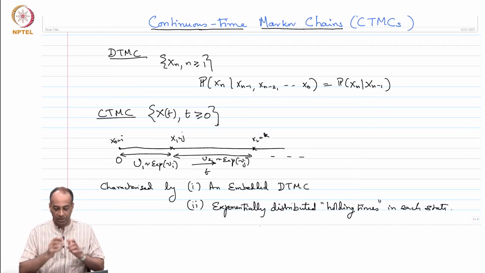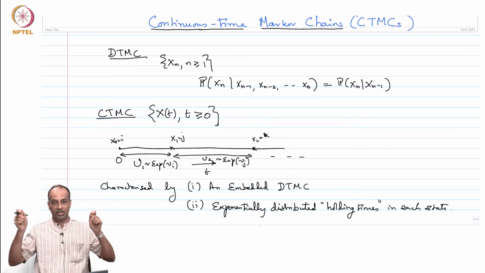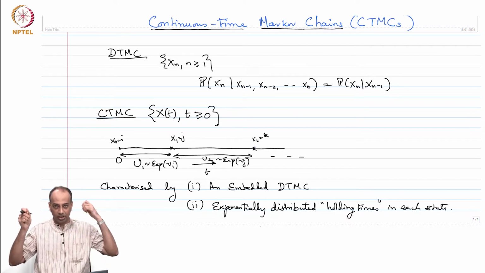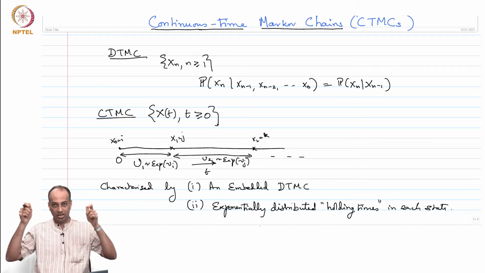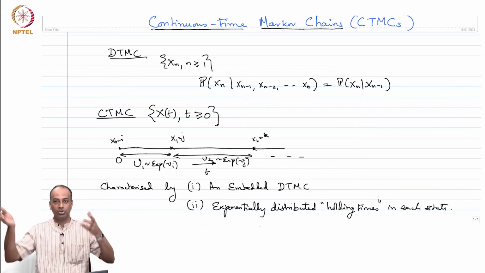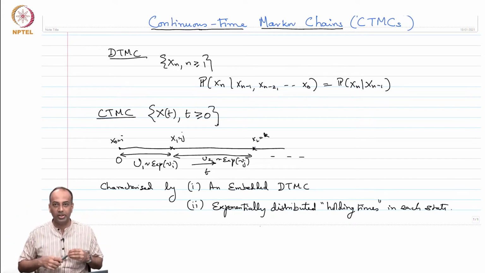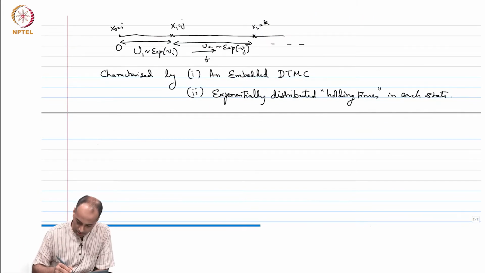So, you have exponential holding times in each state, with parameter dependent on what state the embedded Markov chain is in, and after that exponential is finished, both the embedded Markov chain and the CTMC move to some other state j with probability Pij.